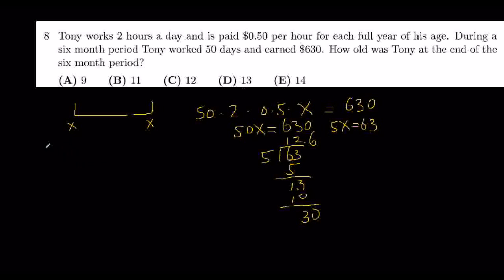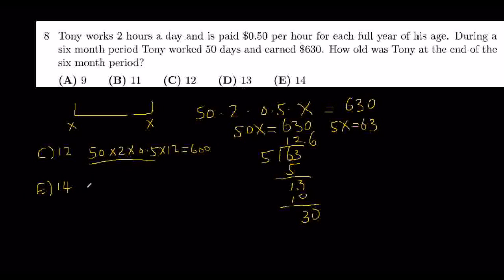And you can verify that. See, at the end of the 6 months, age 12 didn't work, because if that's the case, then the maximum Tony can make is 50 times 2 times 0.5 times 12. That's 150 times 12, which is 600 only. And E is not possible.